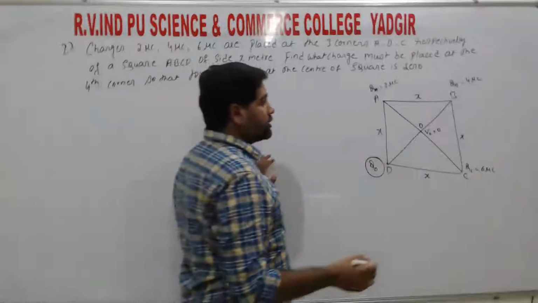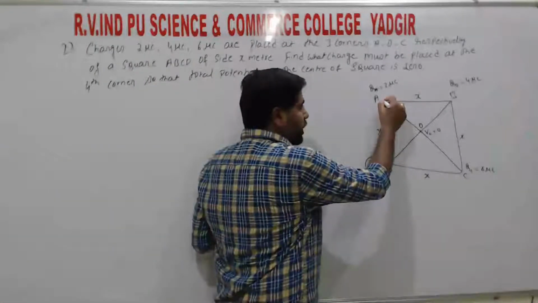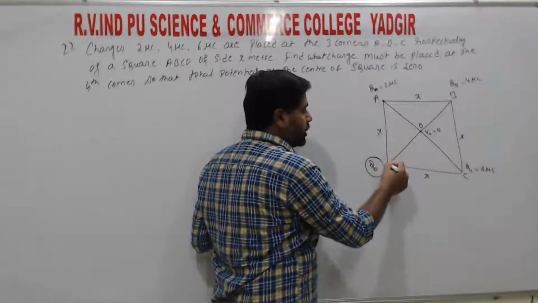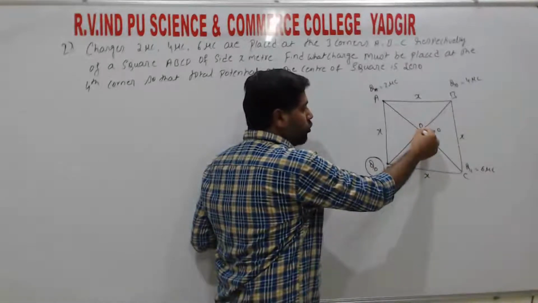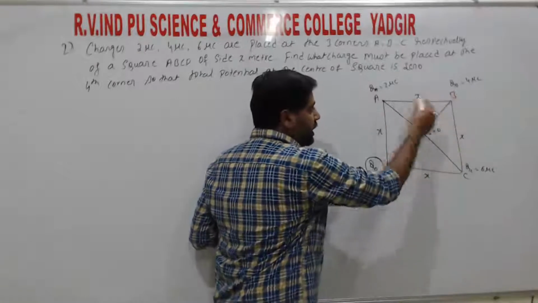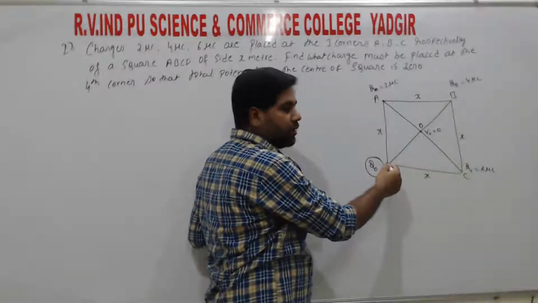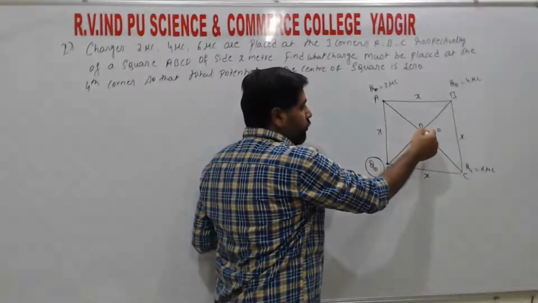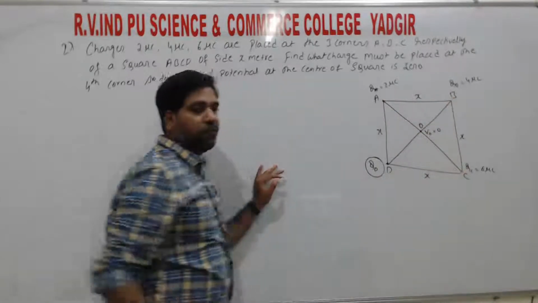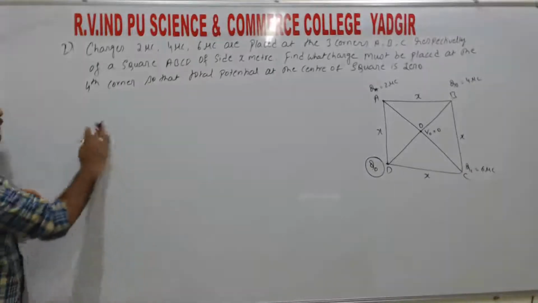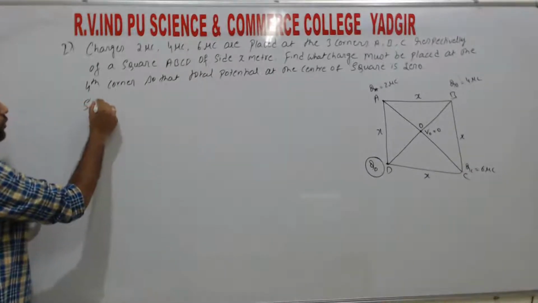So again, by the system of charges, we are going to find the potential at point O due to the four charges A, B, C and D. So here VO is equal to VA plus VB plus VC plus VD, the potential due to a system of charges.